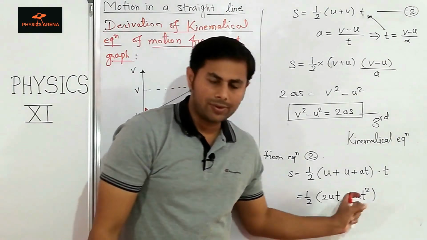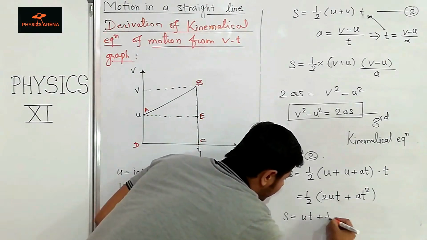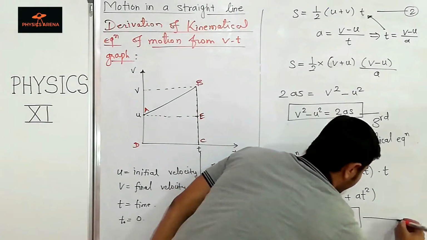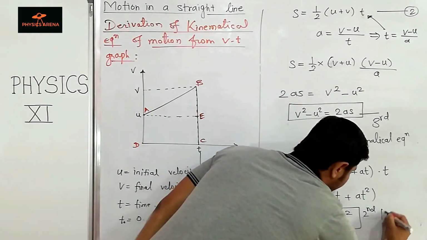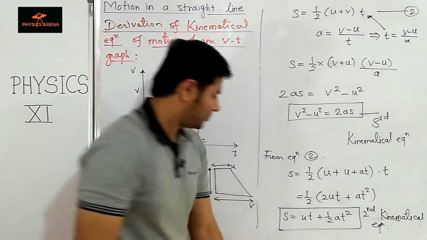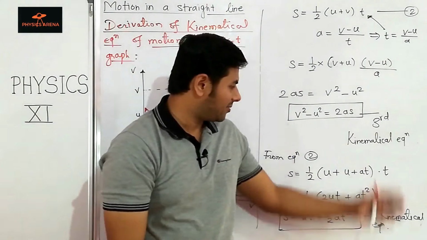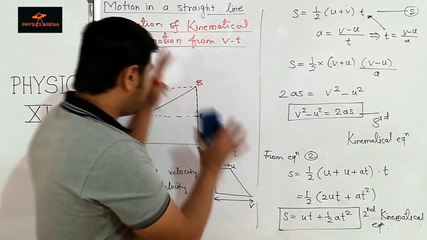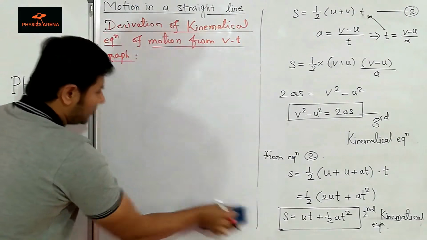Now dividing by 2 throughout, we get s equals ut plus half at squared. This is kinematical equation number 2, the second kinematical equation. So I found the third kinematical equation before the second. It doesn't matter.